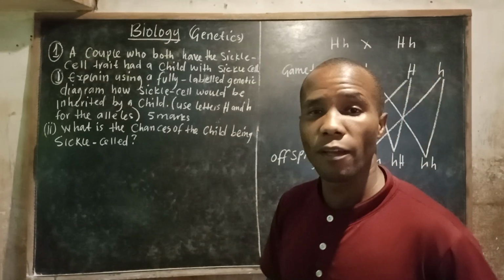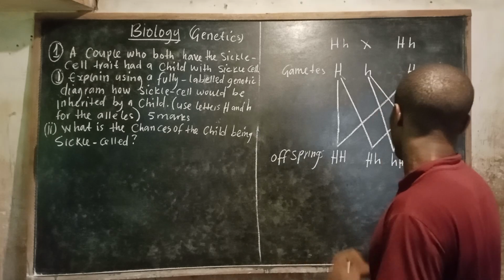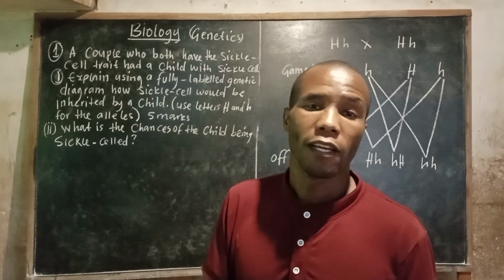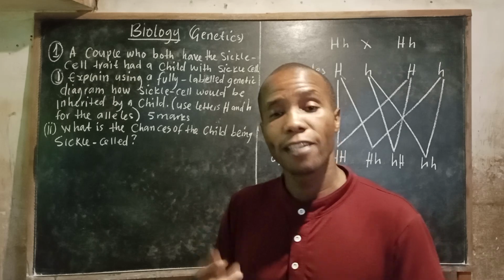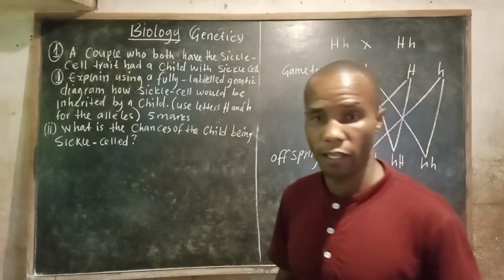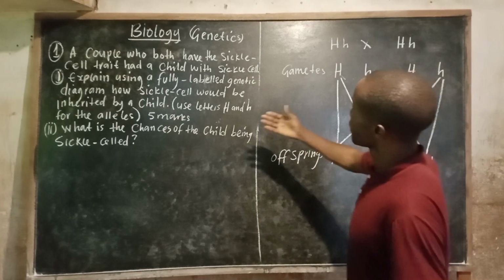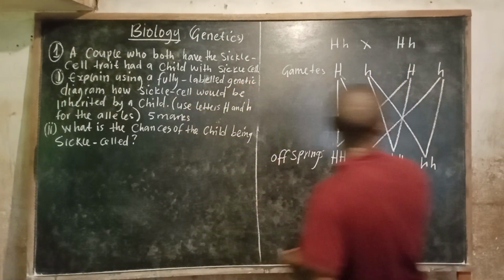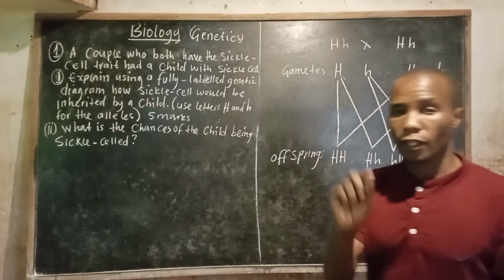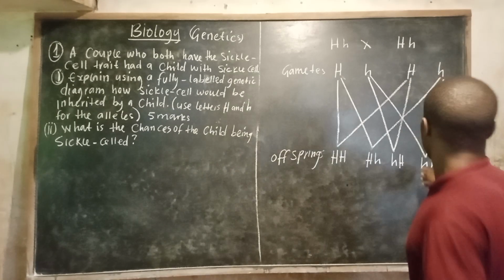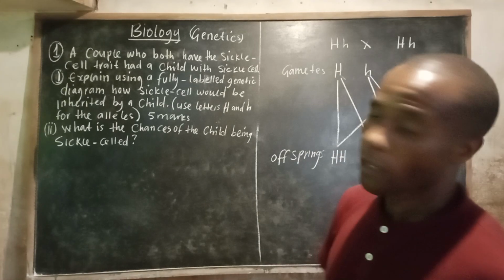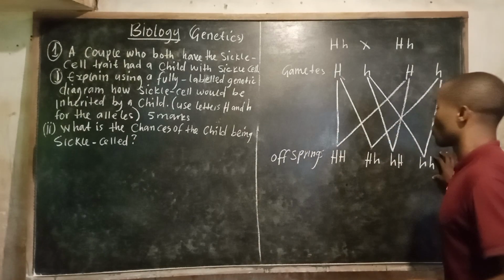Then the last one, hh, is the one who was now born with the sickle cell, such that even you and I as human beings are able to see that this child is sick of this disease called sickle cell. Why? Because it has both small h, representing the sickle cell. So this child is full sickle cell.